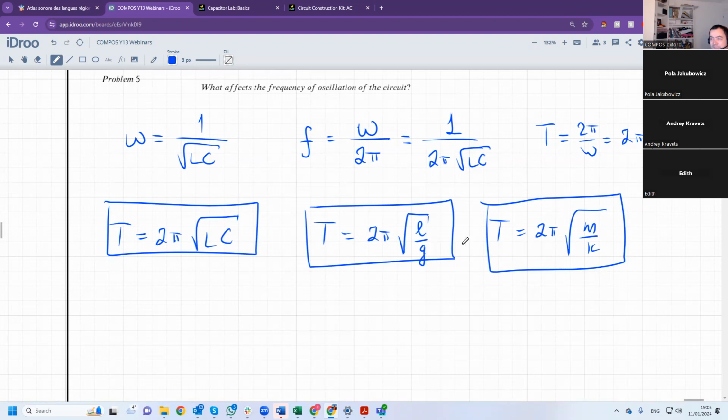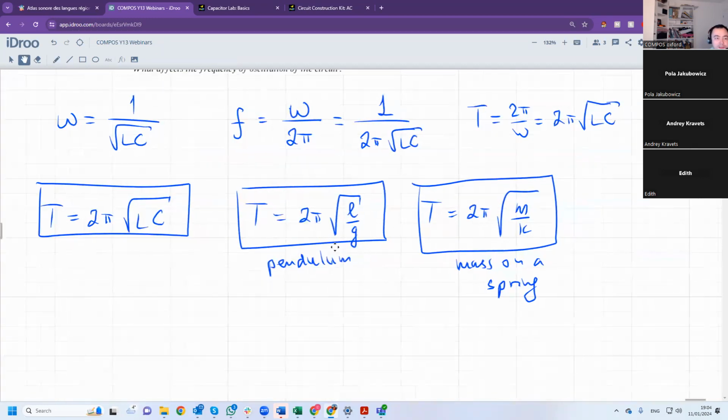Okay, so this is the time period of a pendulum, and this is a mass on a spring. These are familiar to you.